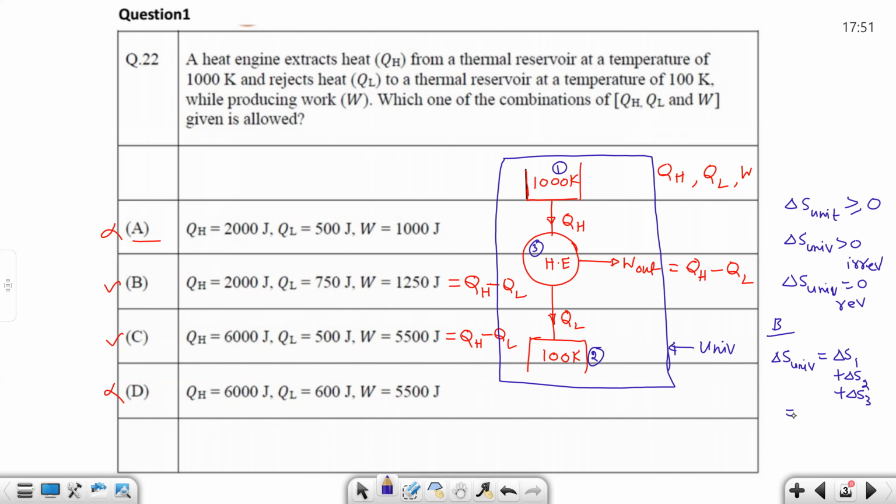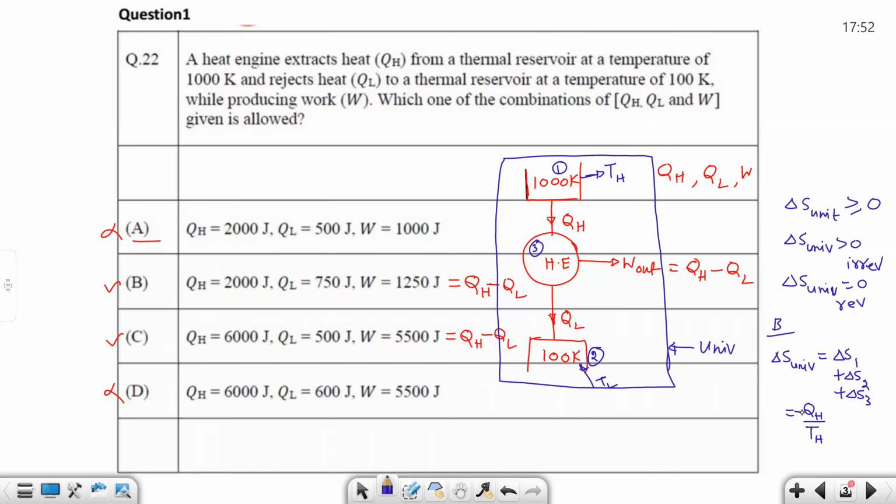So entropy change for 1. The 1000 Kelvin thermal reservoir is losing entropy because it is losing heat. For a thermal reservoir, the entropy change will be QH by the temperature TH. We will take this temperature as TH, this temperature as TL. And since it is losing entropy, there is a negative sign.